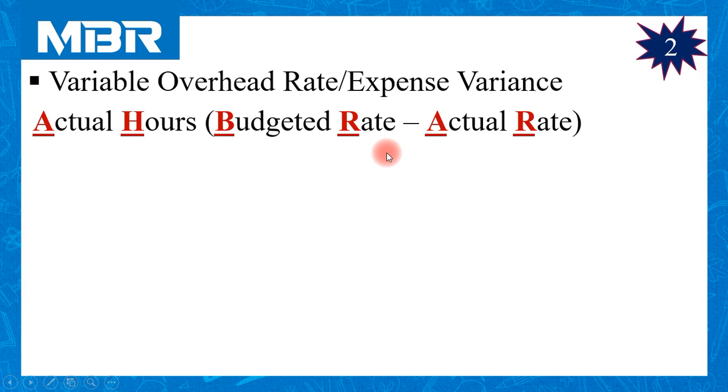But here we are not dealing with the quantity, here we are dealing with the hours. So your quantity shifted to the hours and price shifted to the rate. The formula is actual hours into bracket budgeted rate minus actual rate.